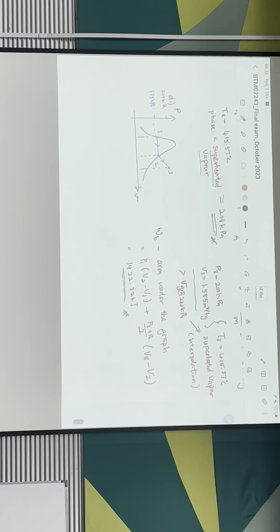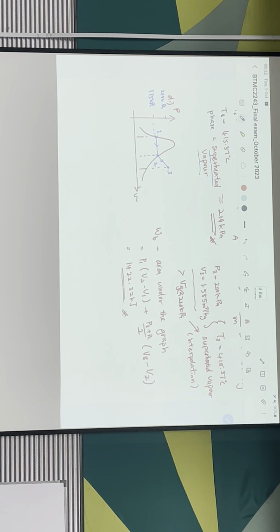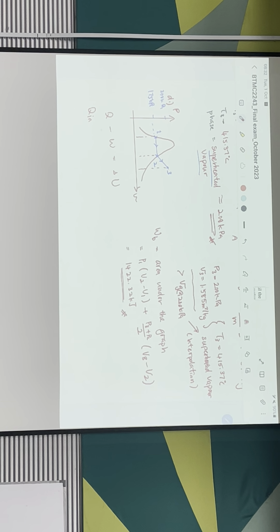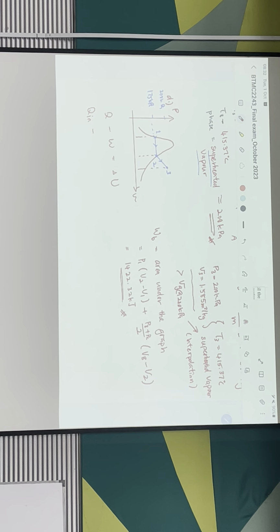And then we can finish this off by just using the energy equation here. So this will be Q minus W equals to delta capital U. We know that this is Q in. The question also stated that, so you don't have to analyze this too much.